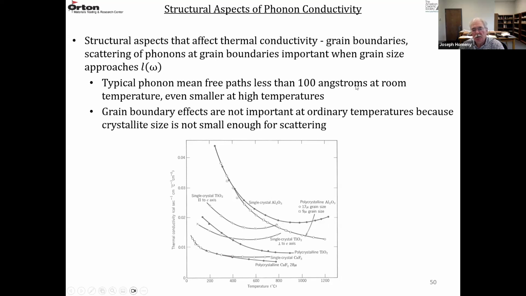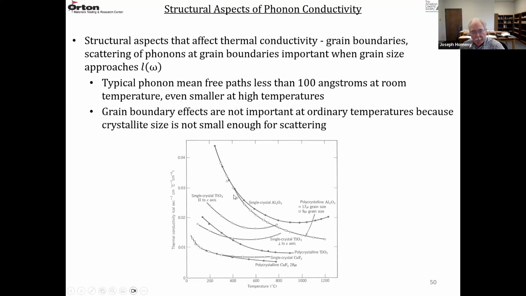So at room temperature, the mean free path may only be 100 angstroms. At high temperatures, it may only be 5 or 10 angstroms. So coarse grain refractories, you don't see grains this small. So grain boundaries are not going to scatter the photons. So grain boundary effects are not important at ordinary temperatures because the crystal size is not small enough for scattering.